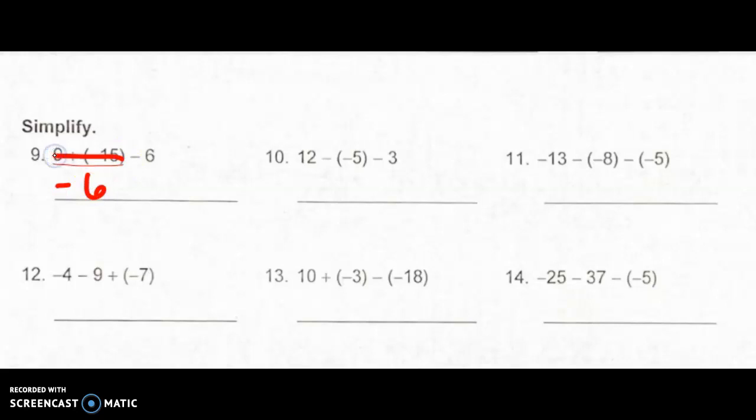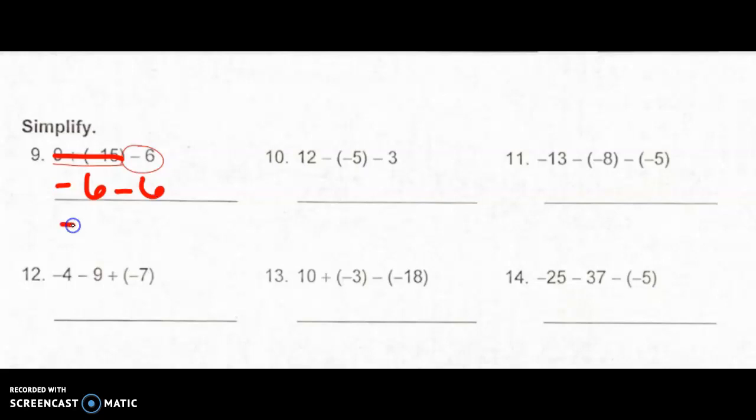Now that I've solved this, I bring everything else down. Negative 6 minus 6. So again, I'm subtracting. I have a subtraction problem, so I'm going to do keep change opposite, to do additive inverse, to turn it into an addition problem. Because I know how to add, I know my integer rules, so I want this to be an addition problem.